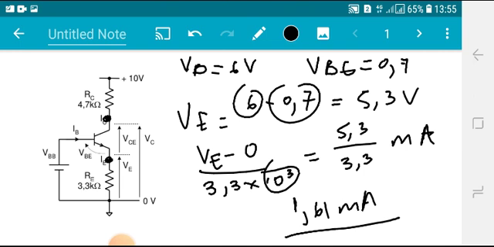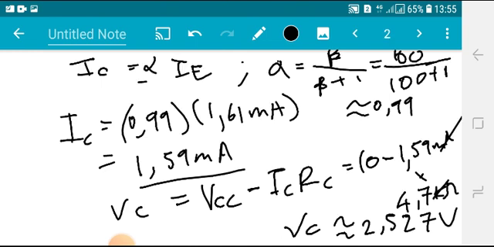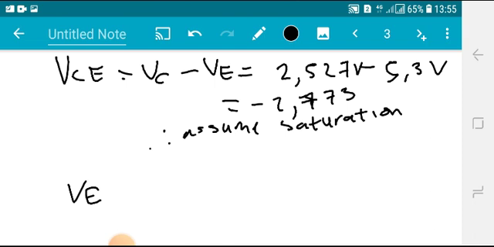And of course, because VE is still the same, that means the current should still be correct. What did we say?